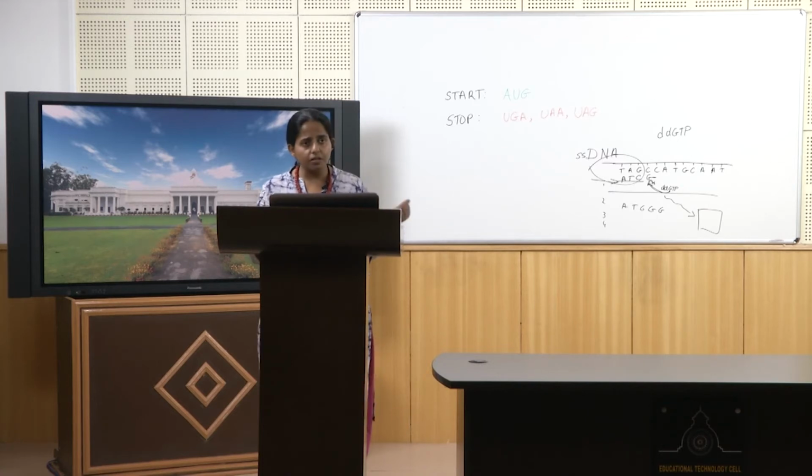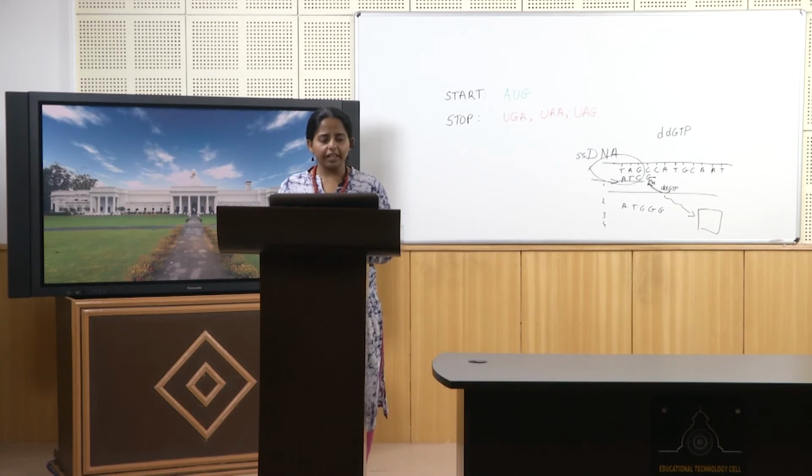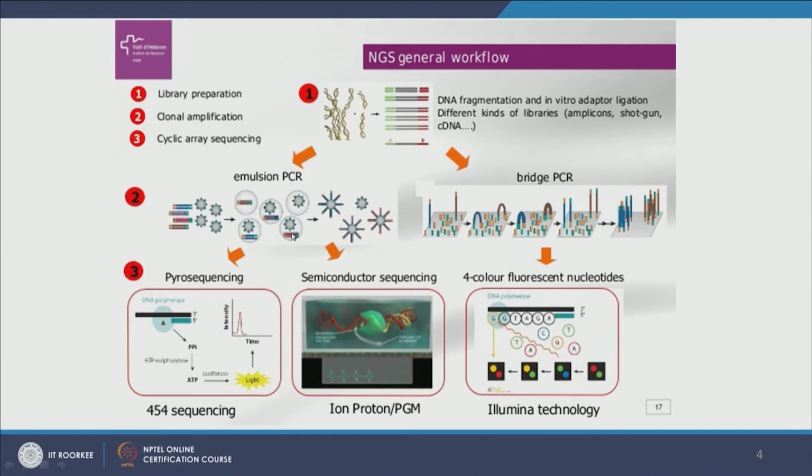So they have primers, they have the dNTPs, they have the gene fragment that we want to sequence, and then at the end of immersion PCR, each emulsion that had the starting DNA material will have multiple copies of the portion of DNA that you want to sequence.